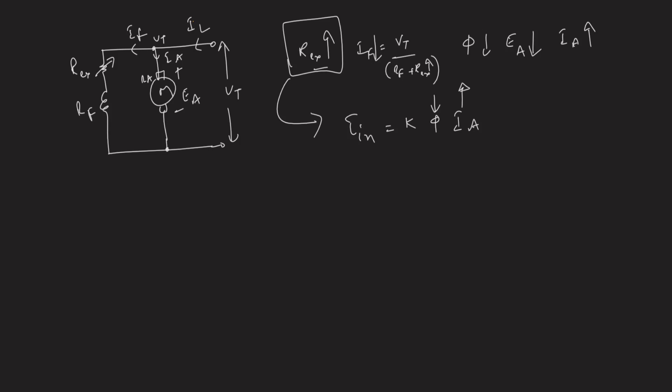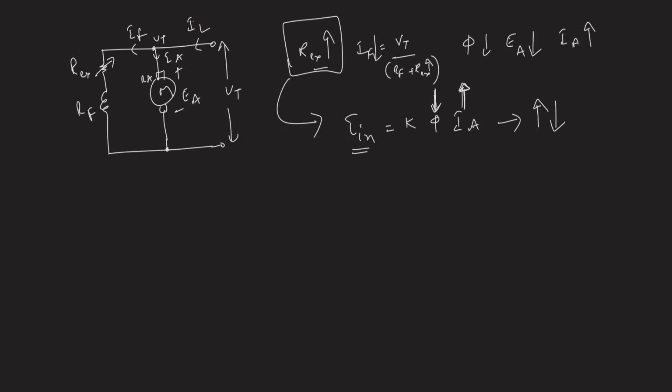There are two effects, right? Depending upon the percentage decrease of flux and the percentage increase of armature current, the induced torque either rises or lowers. Now which way does it go? Whether it reduces or it increases.